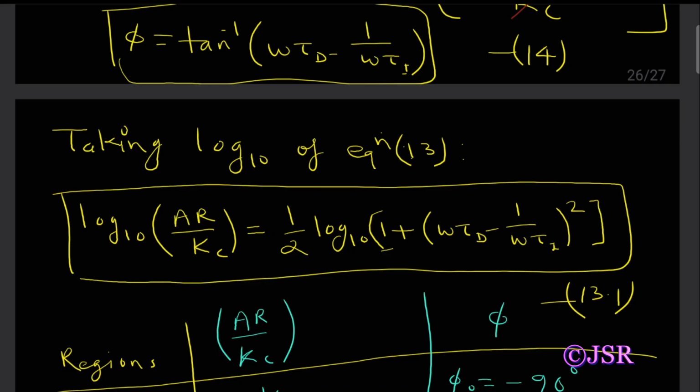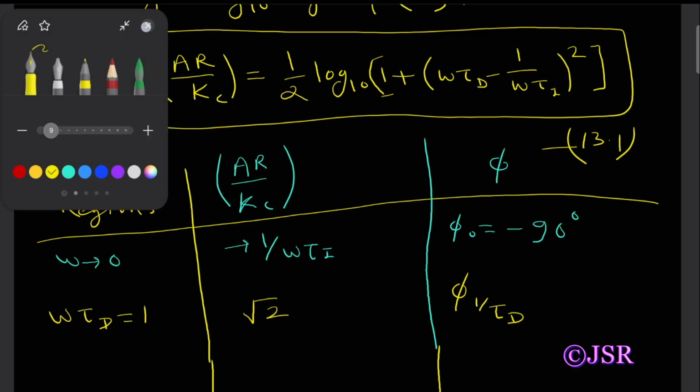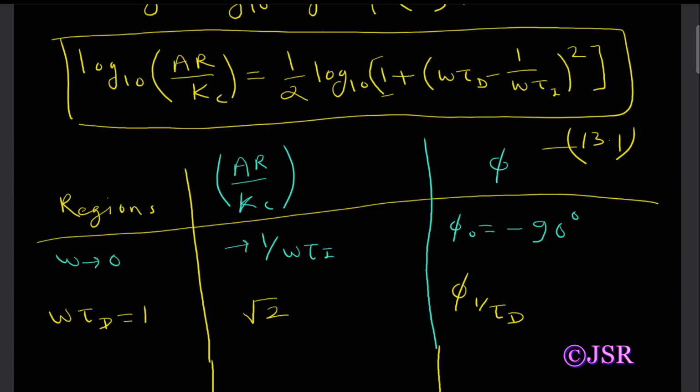So omega is equal to 1 upon tau d, so it will be something much lesser than 45 degree.